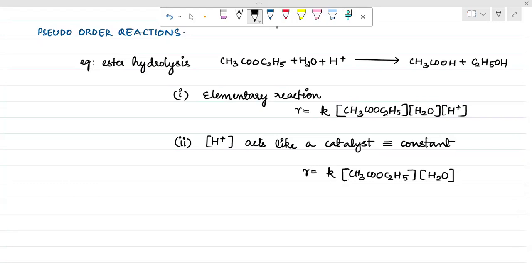That's all. We'll be learning about catalysis in detail. If you can see, in the first case, our total order of the reaction was 1 plus 1 plus 1, 3. But when you gave certain conditions, assumptions, now it has been reduced to 2.